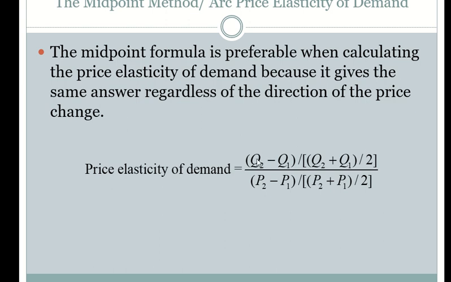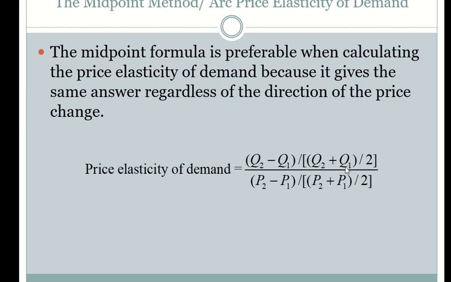So what is the midpoint method? It's very similar to the point method, with a slight difference. Let's look at this numerator. It is the difference between the two quantities divided by the midpoint of the two quantities.